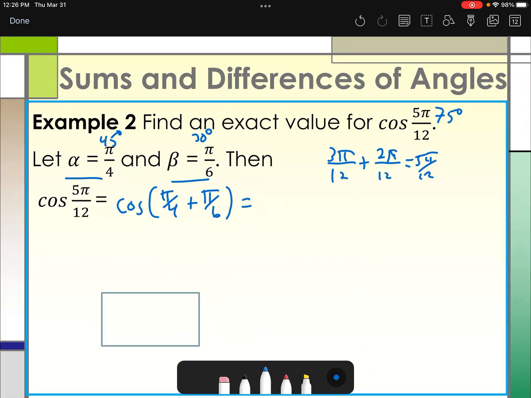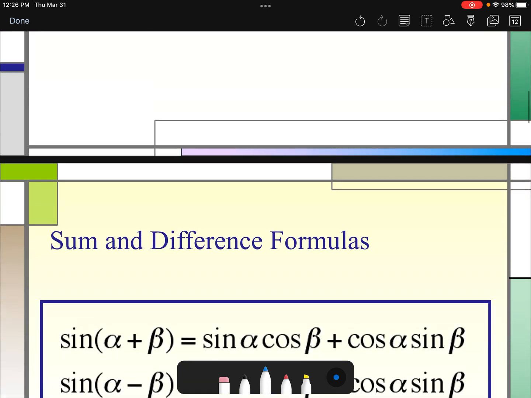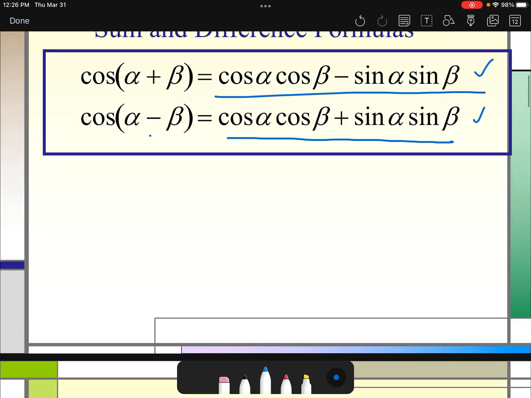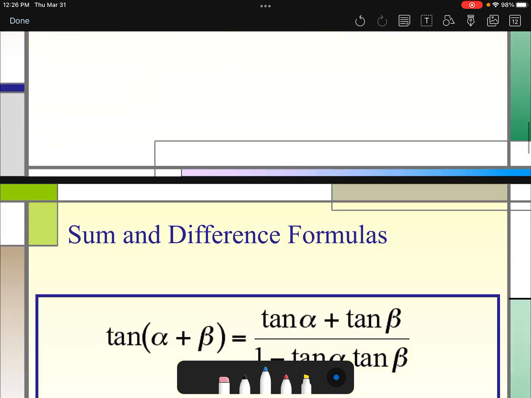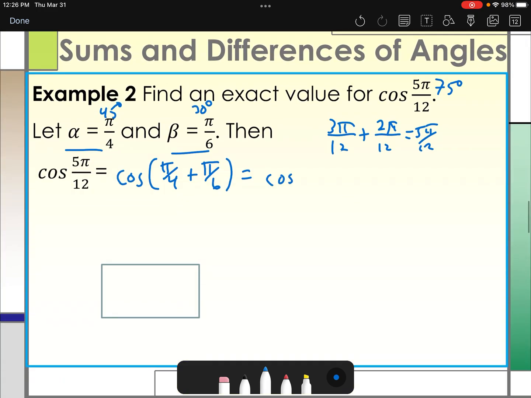So for the sum, plus is minus. So cosine, cosine, minus sine, sine. So cosine pi over 4, cosine pi over 6, minus sine pi over 4, sine pi over 6.